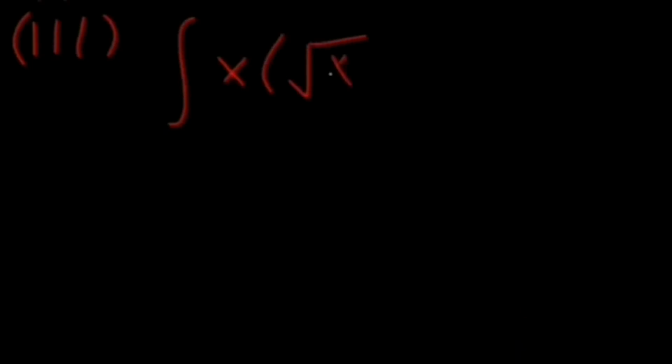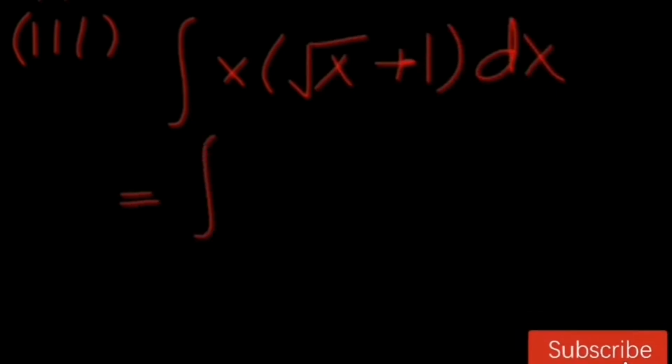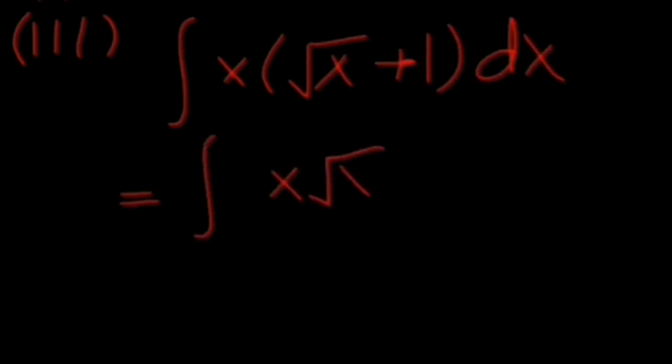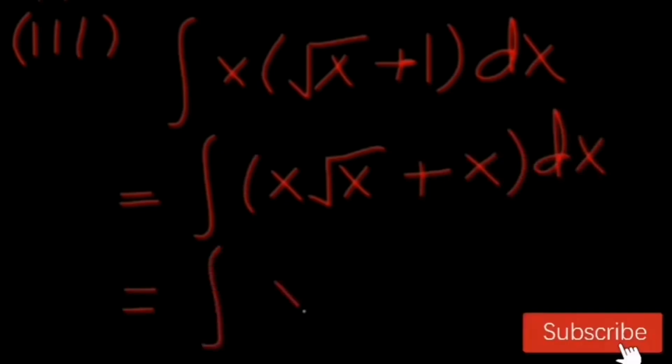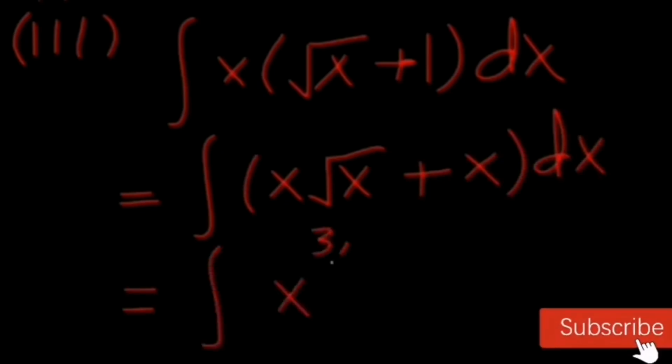Integration of x times (square root x plus 1) dx. We distribute this x which is outside, so it becomes x square root x plus x dx. Then we write the integration sign separately. The powers of both x have been added.